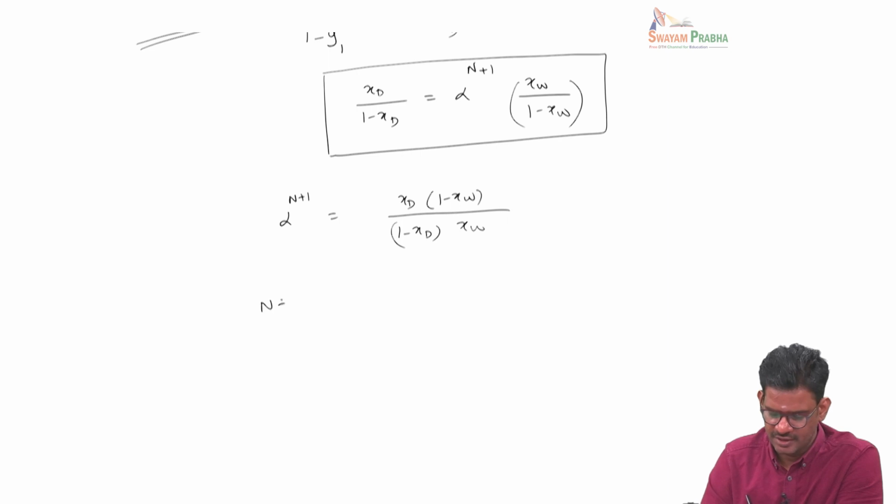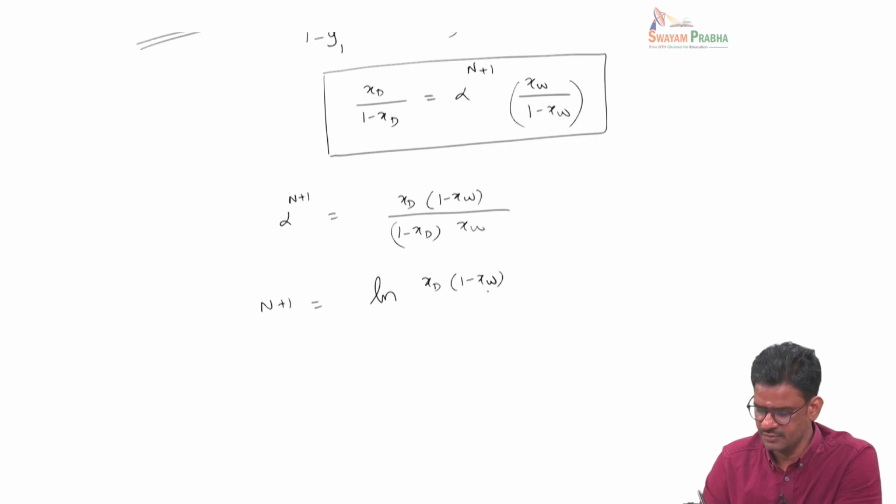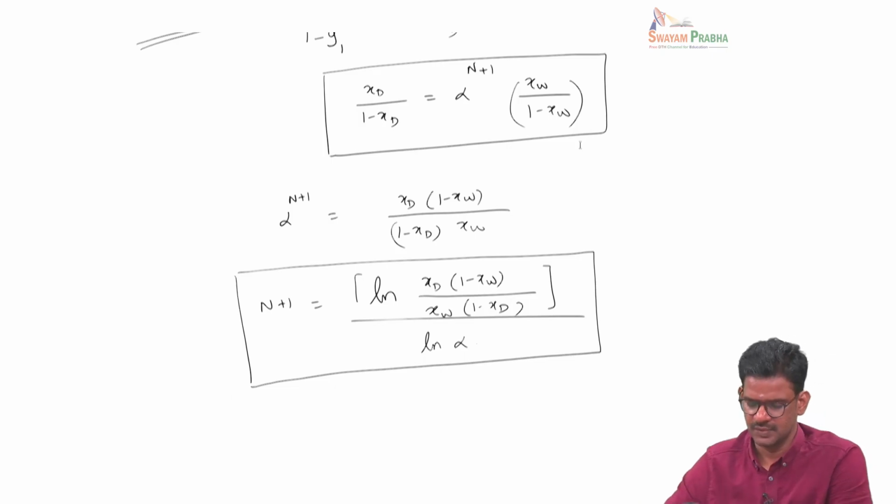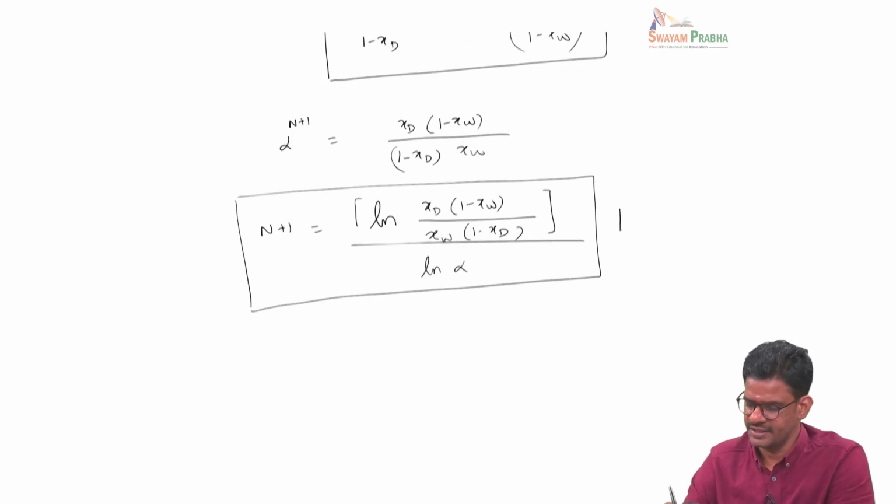And if you take the logarithm of this, you will get n plus 1 equals ln of x_d into 1 minus x_w over x_w into 1 minus x_d, over ln of alpha. And this is called the Fenske equation.